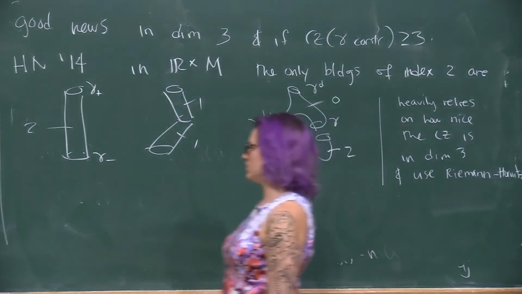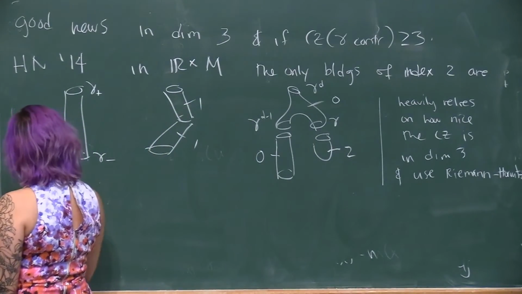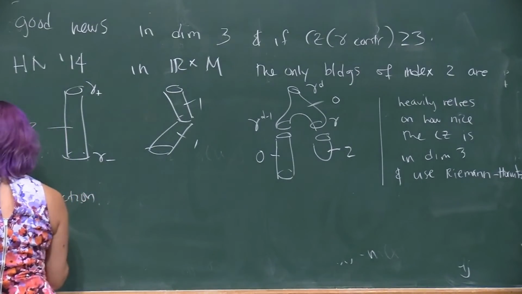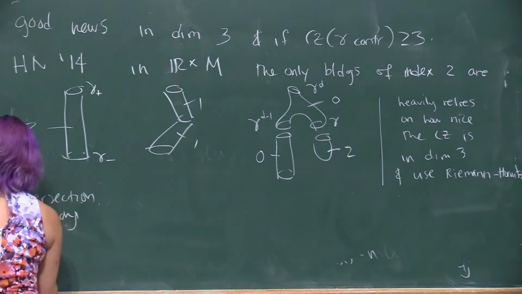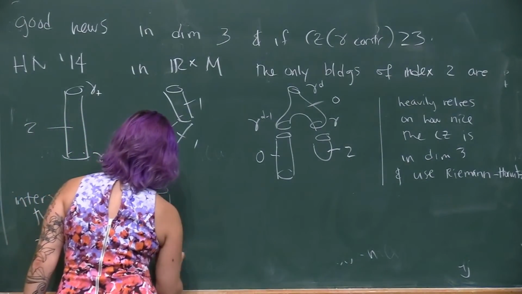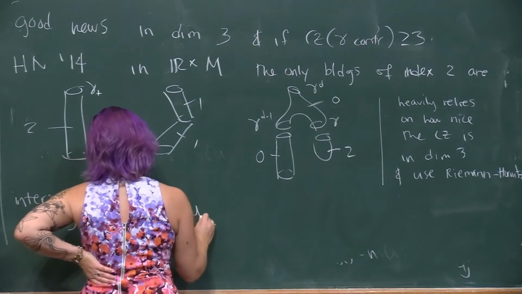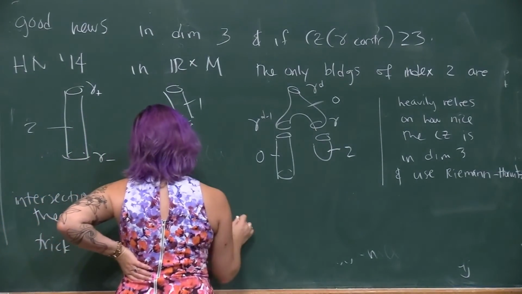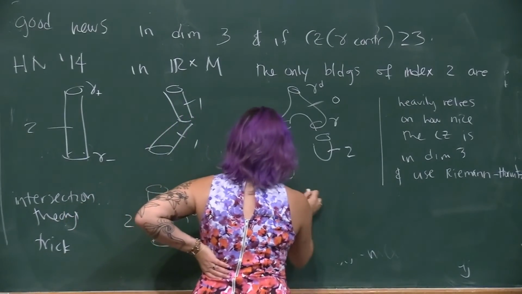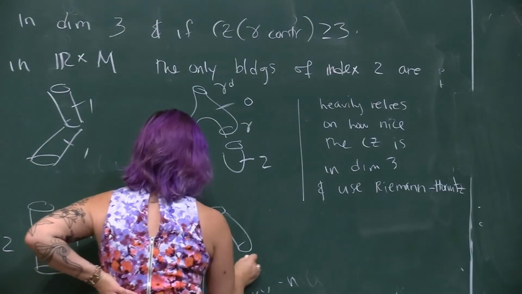And then there's some intersection theory trick, which says that if you have a sequence of index difference 2 curves, this cannot limit onto this building of this third type.